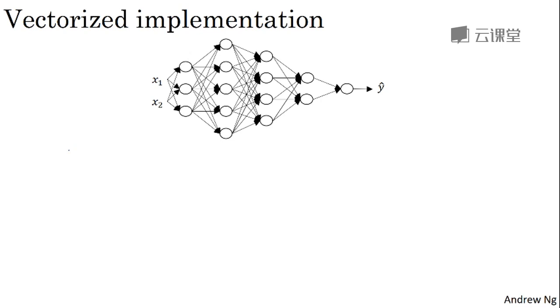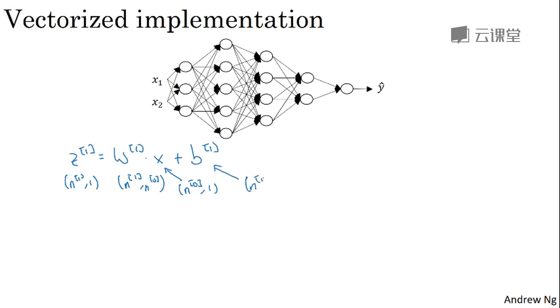So previously, we had z1 equals W1 times x plus b1, where this was n1 by 1, this was n1 by n0, x was n0 by 1, and b was n1 by 1.